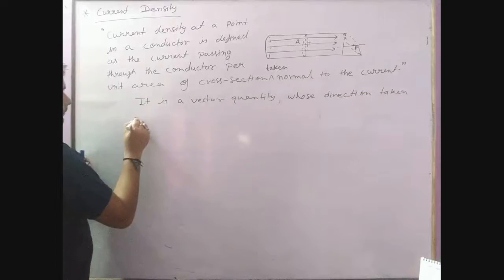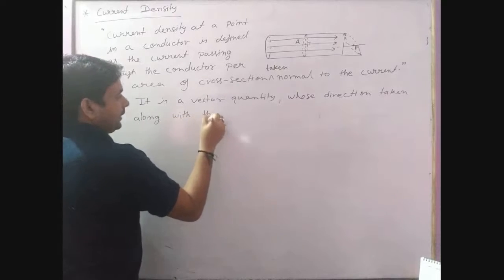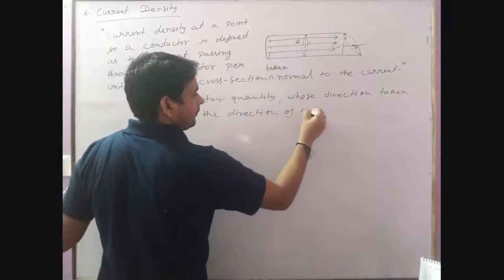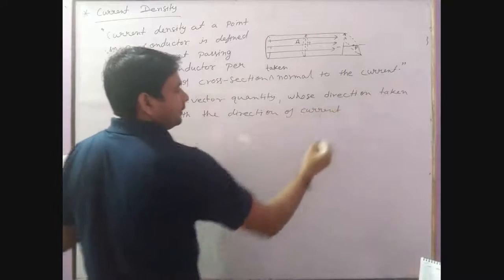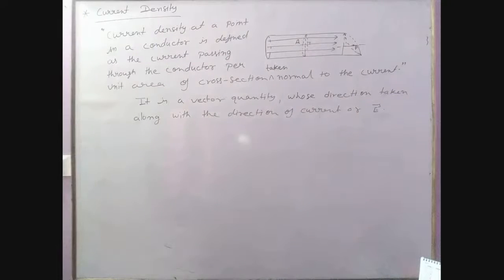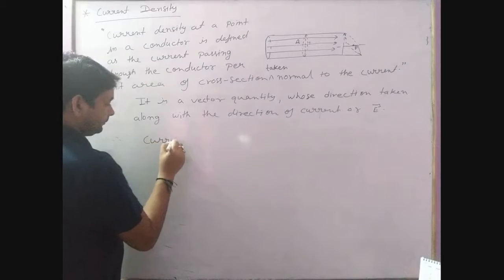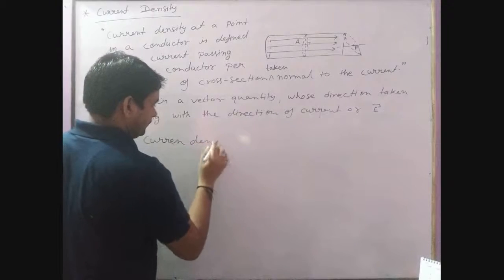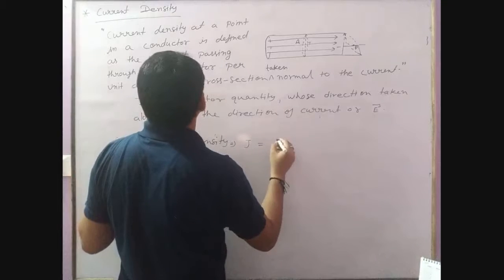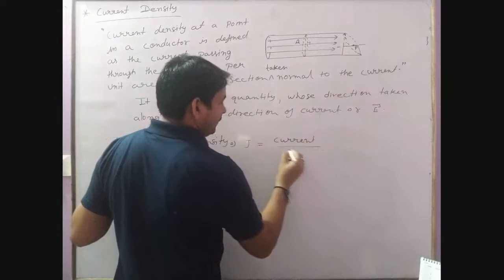Therefore current density J is equal to total current to area of cross section.